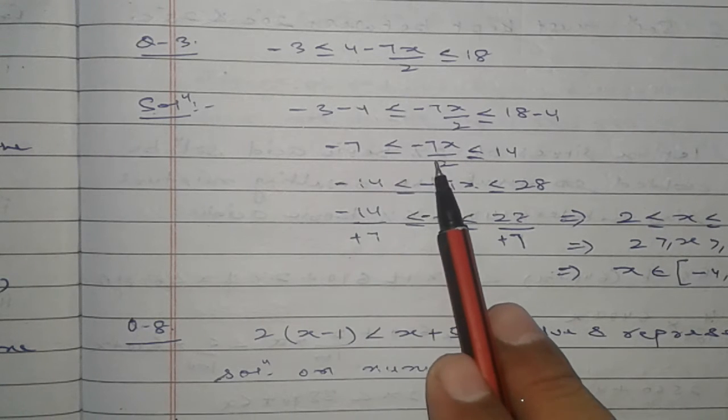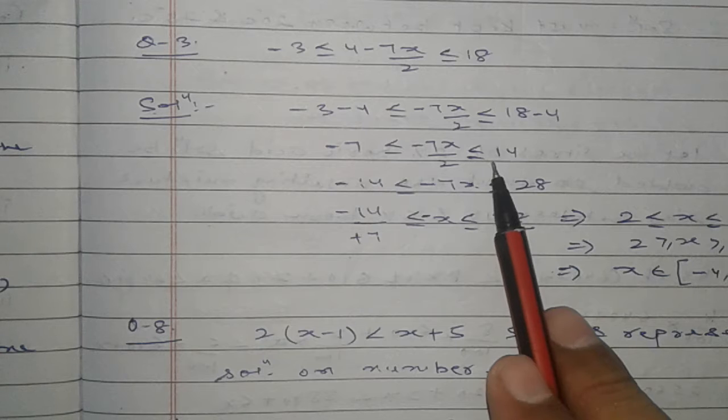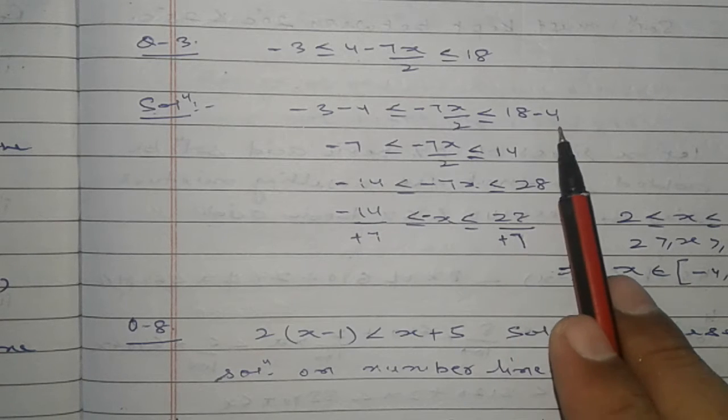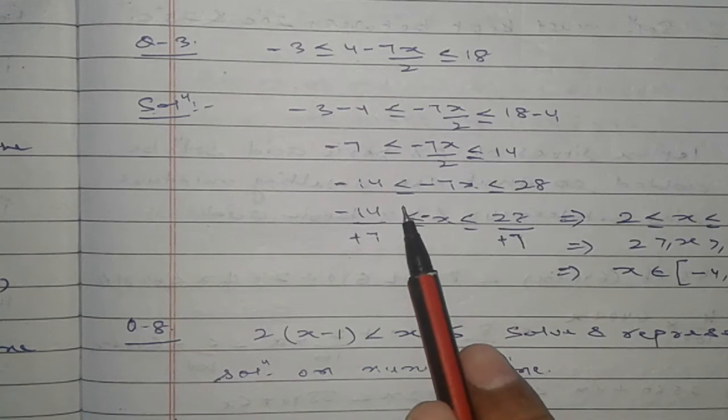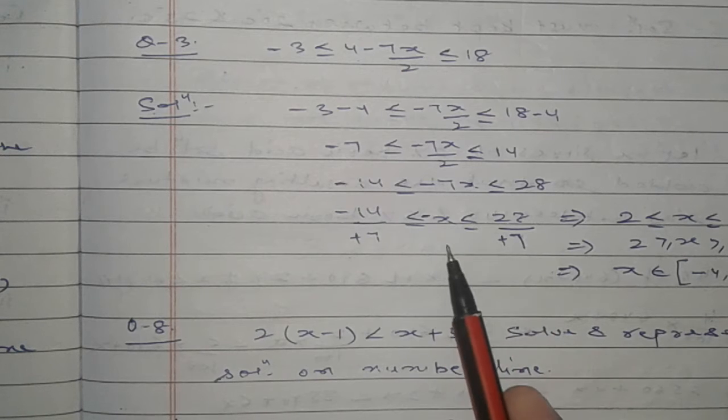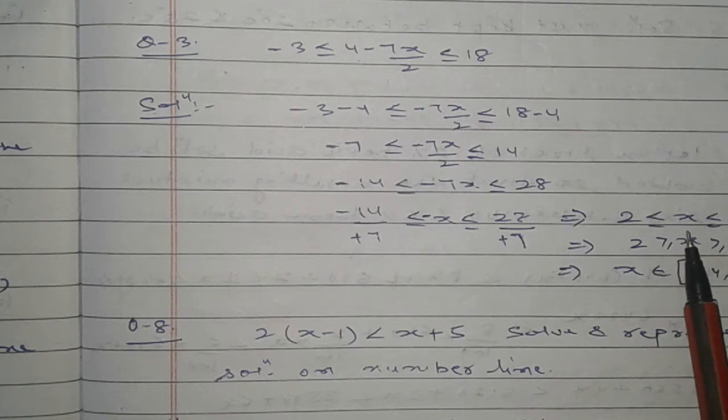You will have minus 7 less than equal to minus 7x by 2 less than equal to 18 minus 4, 14. So on calculation, this is quite simple calculation. On this calculation, x lies between 2 and minus 4, 2 and minus 4 included also.